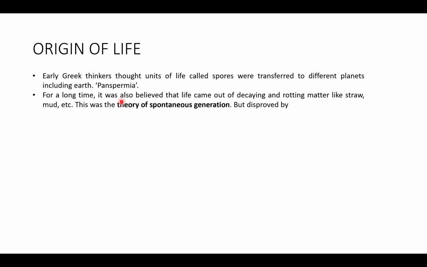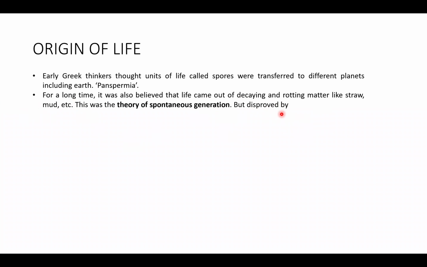For a long time, after people rejected this idea, they thought that life on Earth actually came out of decaying and rotting matter like straw, mud, etc. That was the theory of spontaneous generation, which said that life generated out of nothing. Out of inanimate and inorganic matter, out of nowhere, life just generates, like from straw, mud, etc.